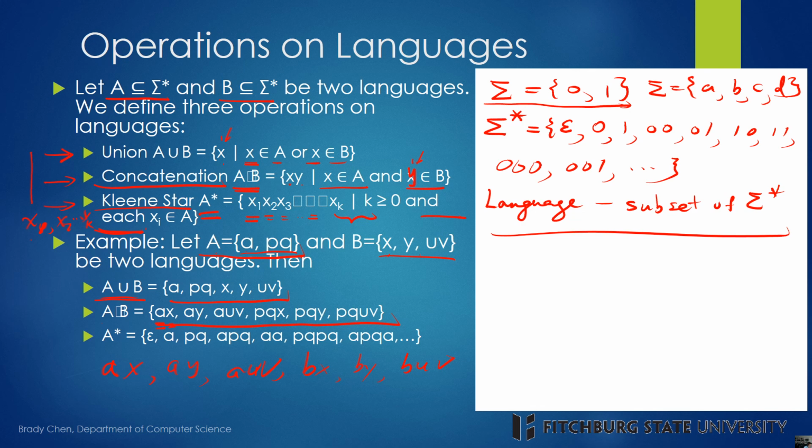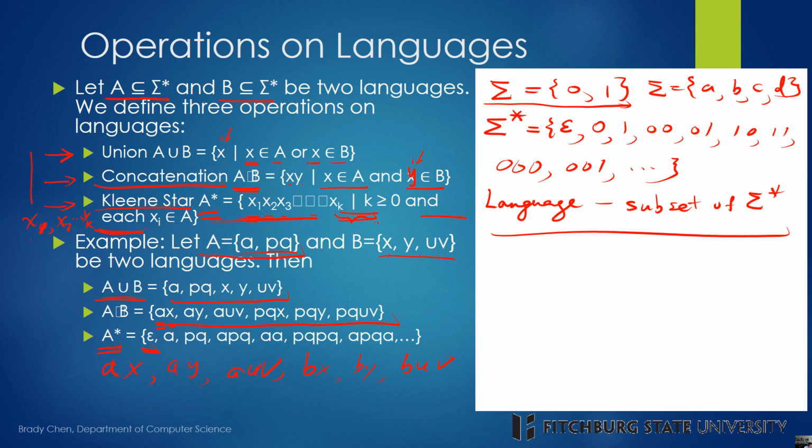Now, the Kleene star of A is defined as all the concatenations of strings in the language A. Look at the definition, k also includes 0. That means it could contain no string, so it could include the empty string.